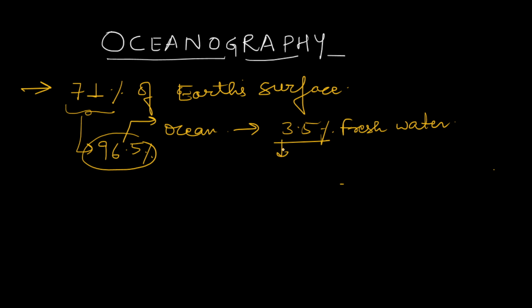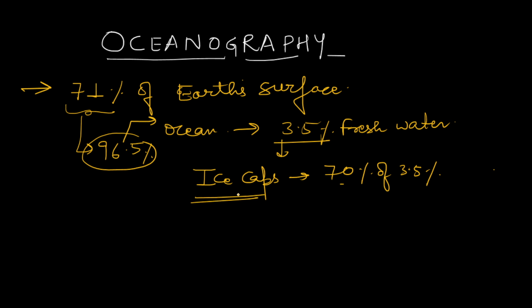First of all, the highest amount of fresh water can be found in ice caps. That is 70% of this 3.5% is in ice caps only. मतलब जो 3.5% और इसका 3.5% का जो 70% फ्रेश वाटर है वो किसके अंदर है? That is inside ice caps only. The ice cap is the storage of the highest amount of fresh water.